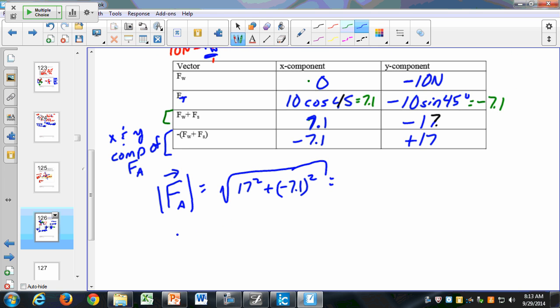And let's see, that is 18 newtons. And the angle for this is going to be the inverse tan of the y over x. That's 17 over 7, which I find to be 67 degrees above the negative x-axis.